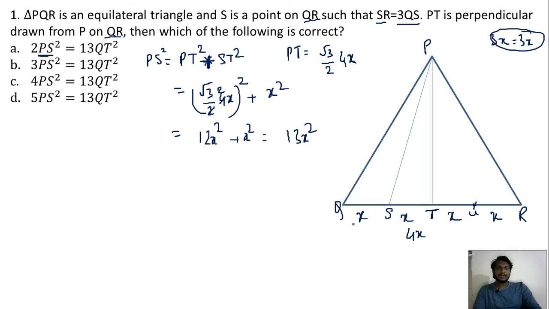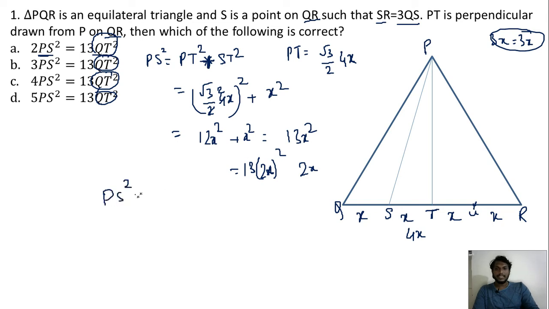But here we have to express this in terms of QT. See, everywhere we have QT in each and every option. So here the length of QT is 2x. If this is in the form of 13 into 2x whole square, then we can get the answer. So for this we will be multiplying 4 on both sides.